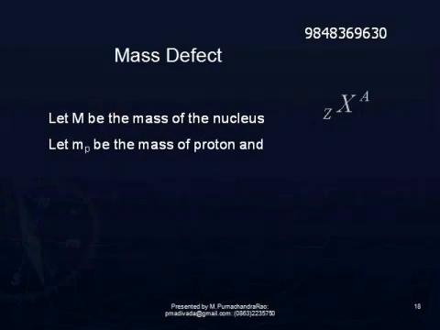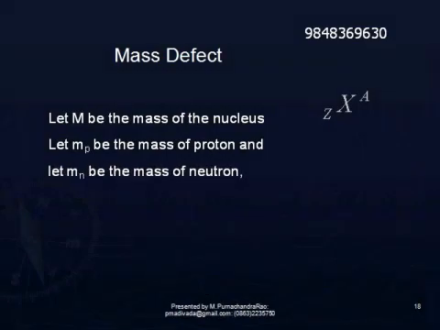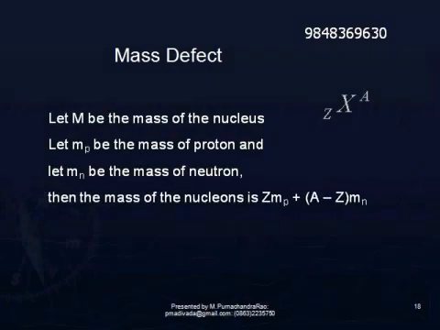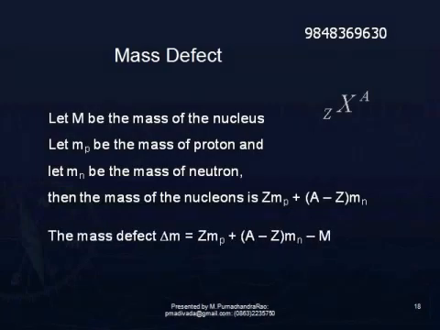Let us represent the mass of the nucleus of an element X with atomic number Z and mass number A with capital M. Mass of the nucleus is taken as capital M. Mass of proton Mp. Mass of neutron Mn. Then the mass of the nucleons is Z into Mp, because there will be Z protons, plus (A minus Z) into Mn, because A minus Z is the number of neutrons.